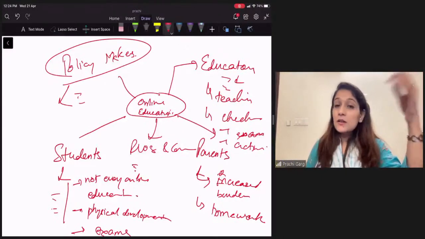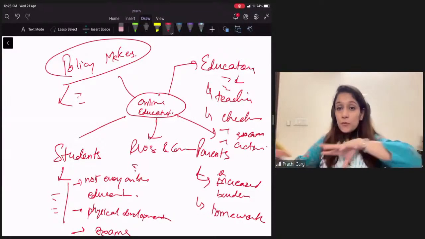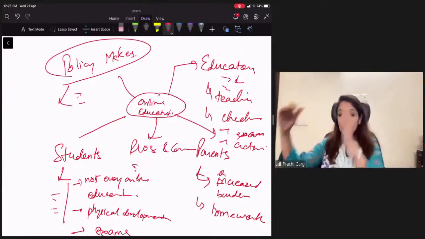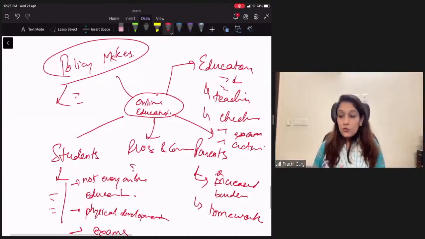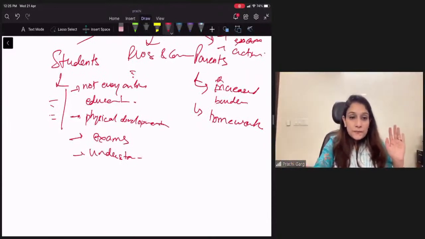Cons, not every child has the facility of online education. Not everybody has a laptop, not everybody has an internet connection, right? Yes. Am I clear? So there are so many things that you can organize. Unless you organize it like this, you won't be able to write an article. This can become an easier two-page article.